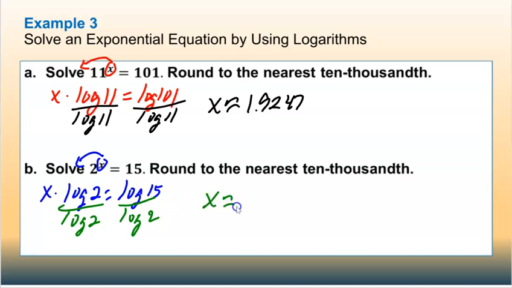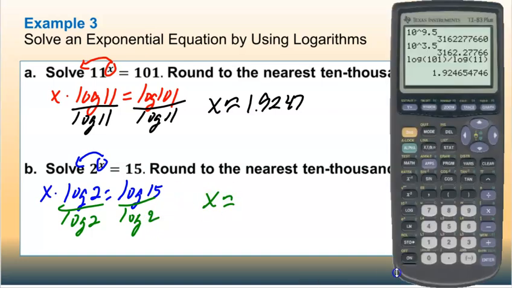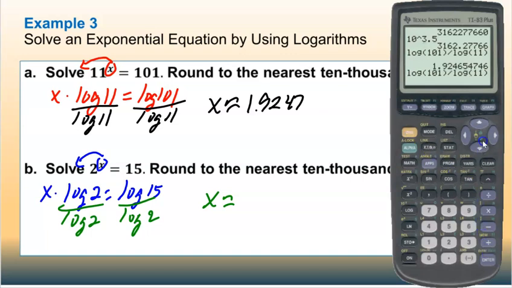And x is going to give us, just going to do a second enter and change a few of these. So log of 15 divided by the log of 2. This is going to give us 3.9069.